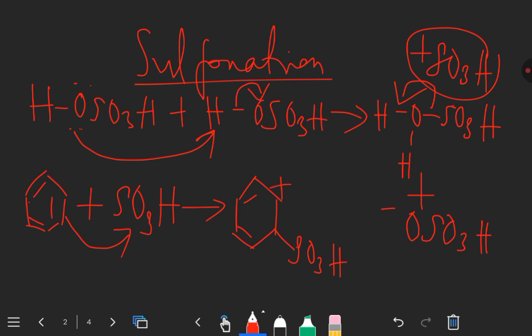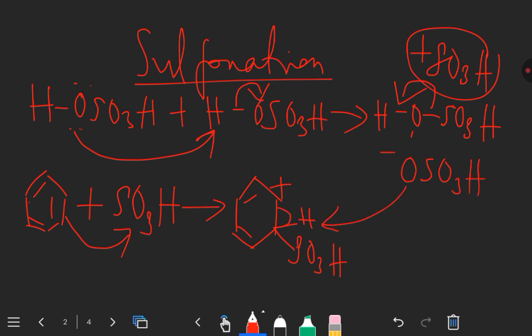Then we know that on this carbon there is a hydrogen which is just hidden. So this hydrogen can now be deprotonated. We can use the base which we formed. The base was OSO3H, which is negative, so it will grab this hydrogen.